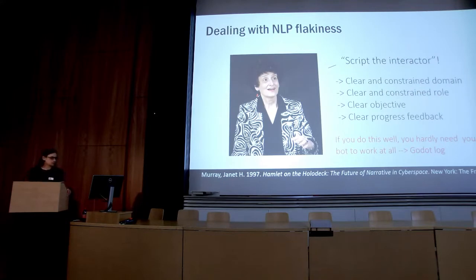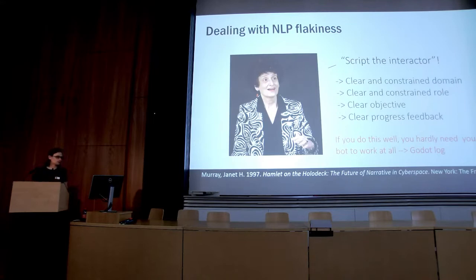One inspiration that I get is from Janet Murray here, classic. She says it's important that you script the interactor. So you script your bot, but you must also explain to the person interacting what's their role. And it's not scripting in the sense that you have to do this, it's a seduction. This is how you can play along with me so that we can both have fun.